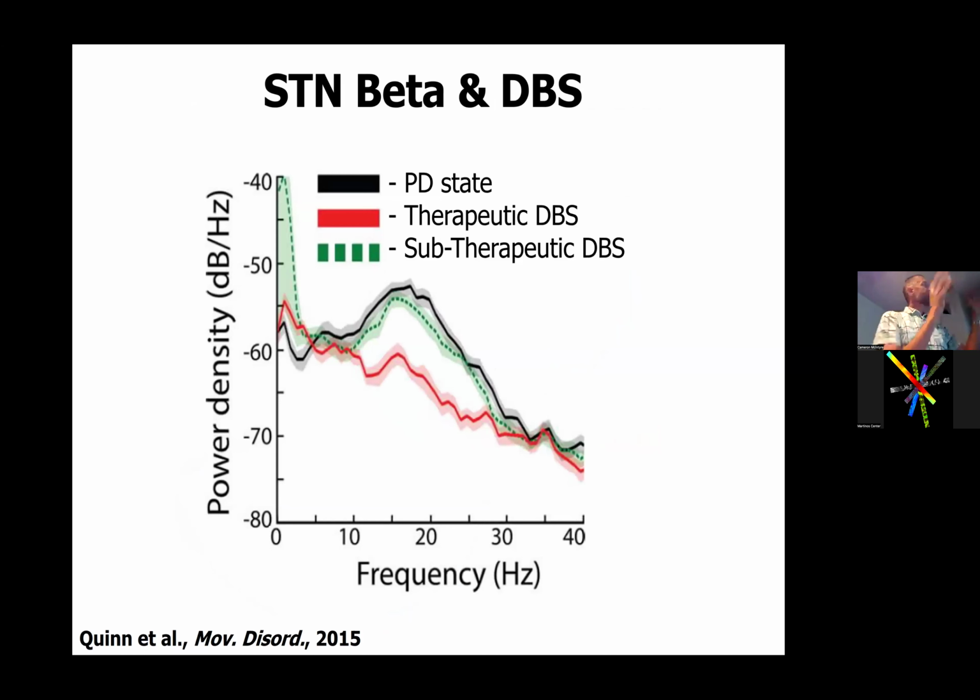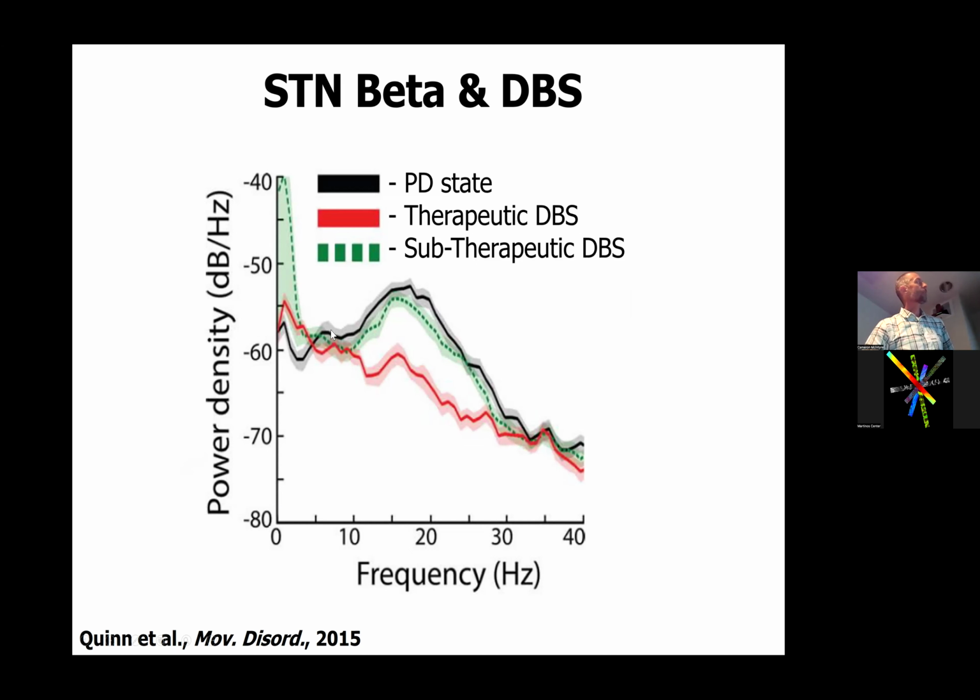But here was part of that step. This is a frequency spectrum recorded from a deep brain stimulation electrode of a Parkinson's patient in the subthalamic nucleus. This is the power in these different frequency bands in the PD state. In a normal brain, you would have this 1/f power law that is just the baseline neuroactivity.